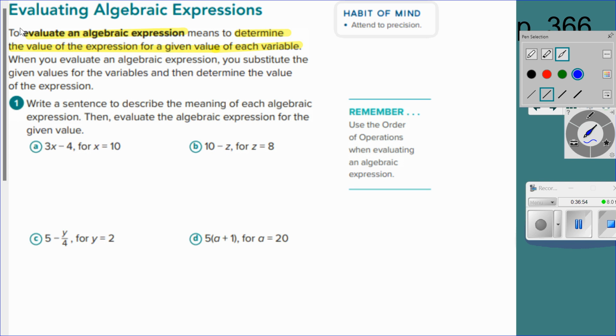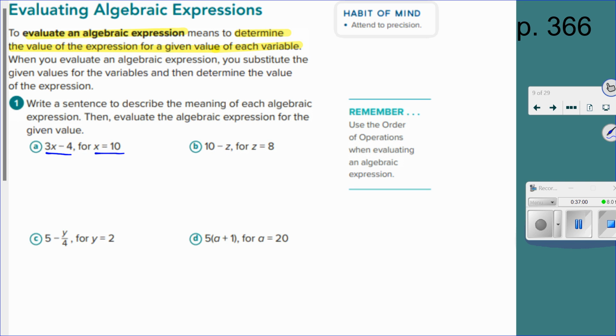What you need to do is take this value and place it into the expression exactly as it is. So when I write them side by side, that means multiplication. So I'm doing 3 times 10 minus 4. Now I must follow my order of operations, meaning I have to multiply before I subtract. So to evaluate, that would actually equal 26.